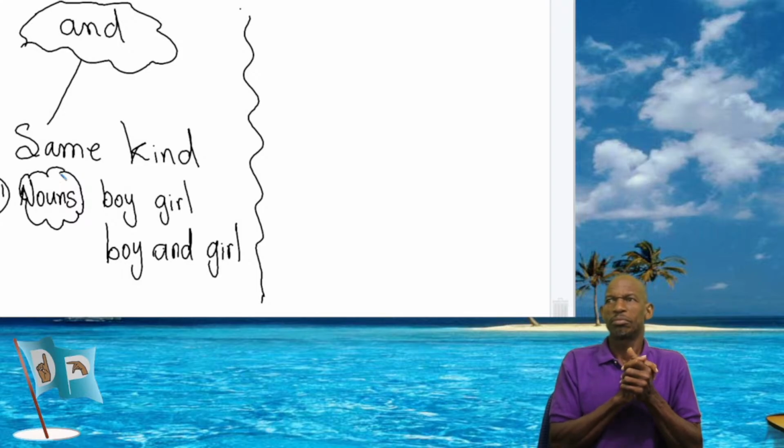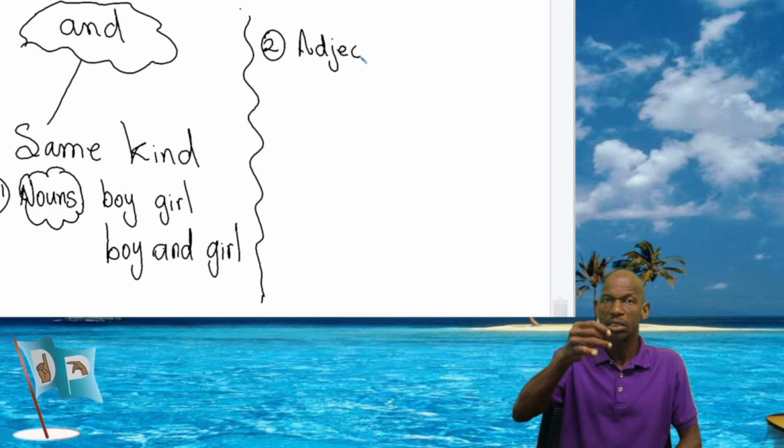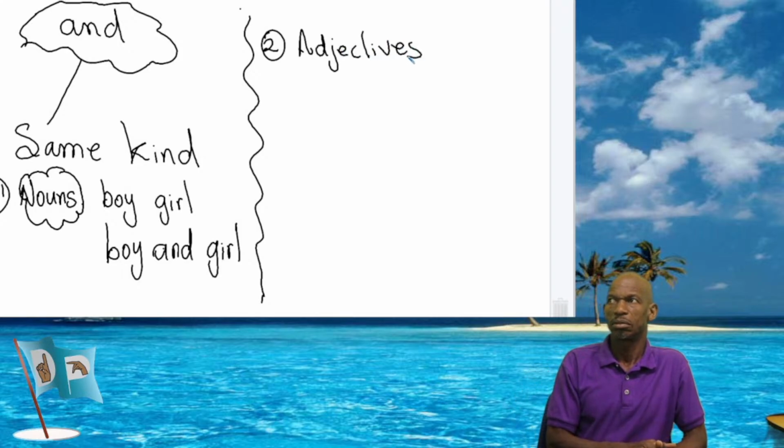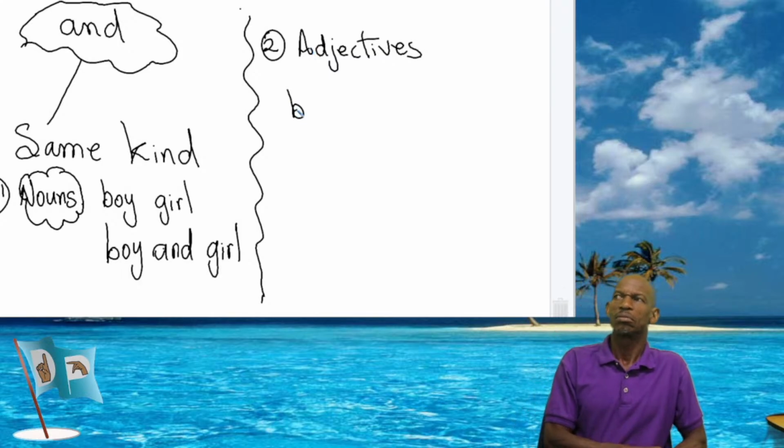I'm just finishing with the "and". So same kind again: adjectives. If you're looking at colors, telling us the type, so we have blue. Let me go with the colors of our national flag: black.